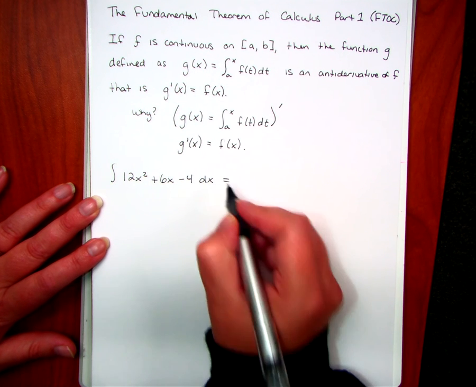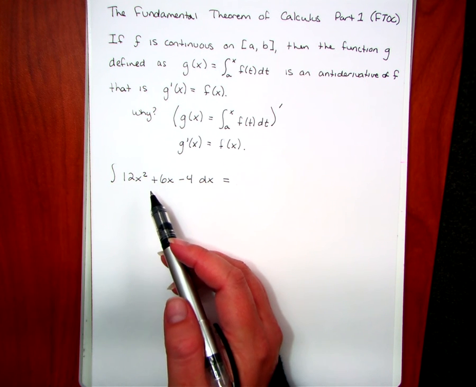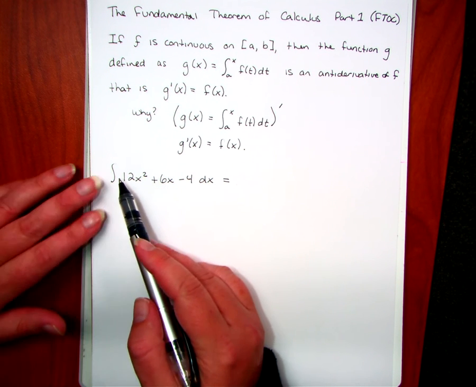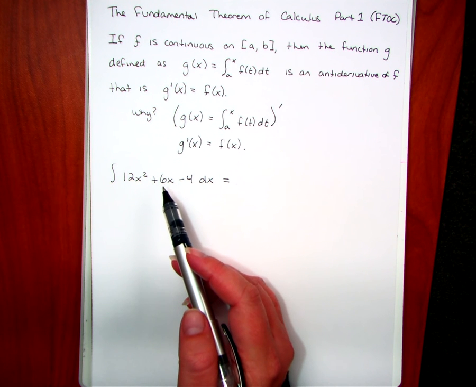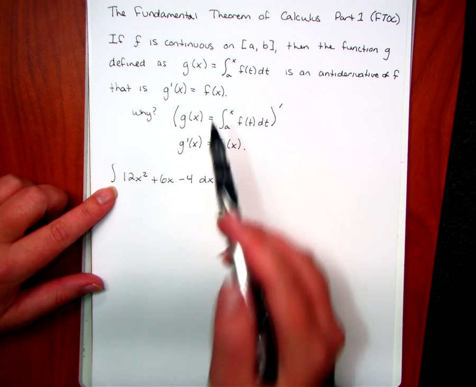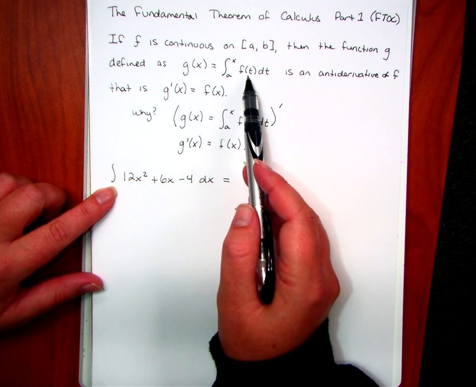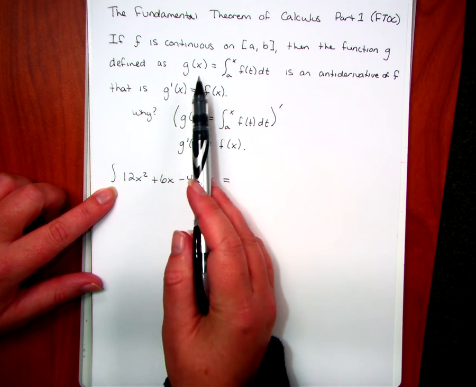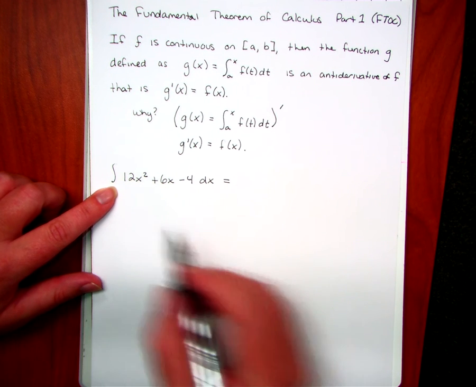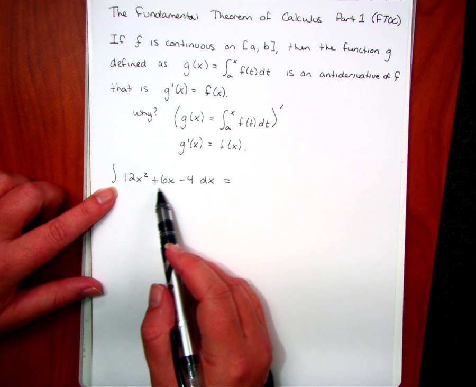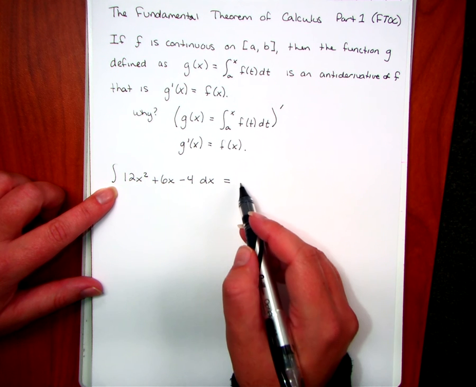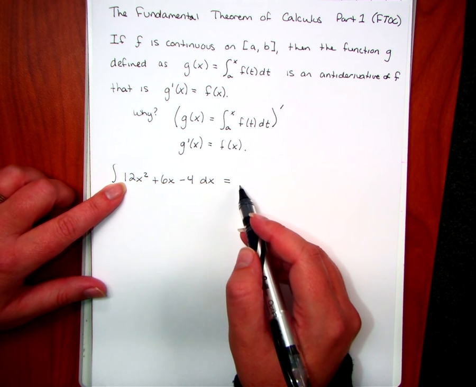Well, the integral is the antiderivative of this function, right? Because g is the antiderivative. So this is what we call an indefinite integral. And so the integral of 12x squared plus 6x minus 4, we just need to find the antiderivative.